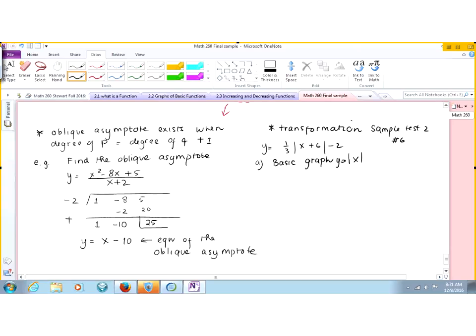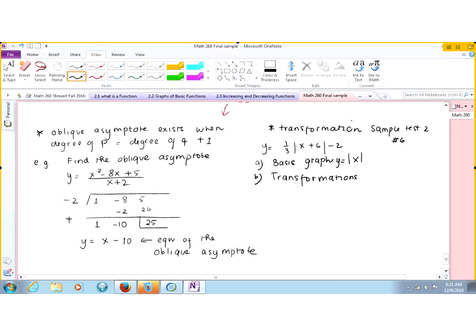Y is equal to, oh, y equals absolute value of x. B. Then what? So you have your basic graph, then you want to state the transformation. All right.